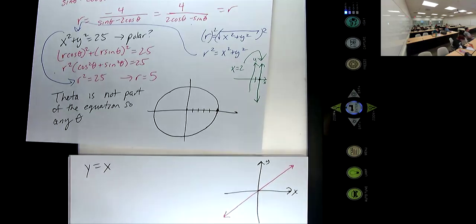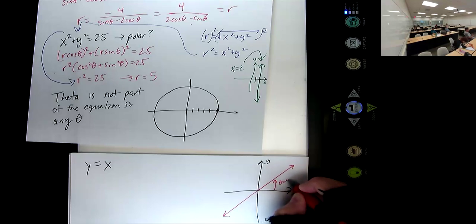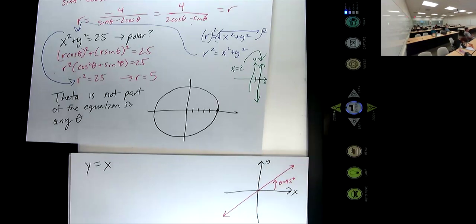Let's show that this is theta equals 45 degrees and r is irrelevant. Let's show that we get theta equals 45 or pi over 4 by plugging in and doing the math. In fact, this leads to the idea of solving a polar equation.